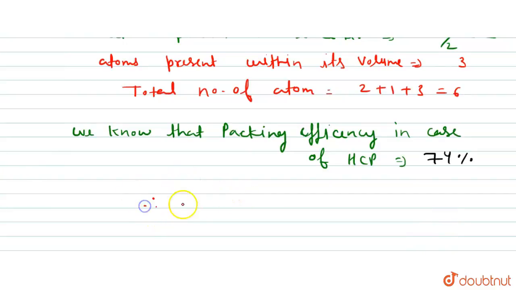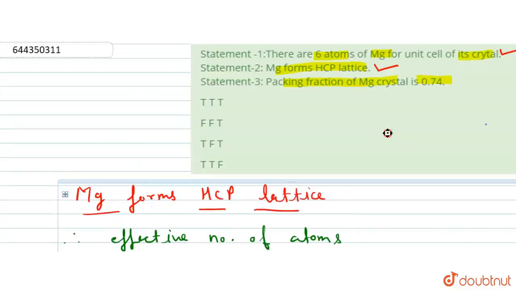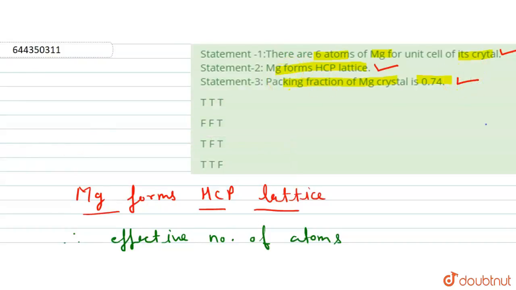Therefore, packing fraction comes to be 74 divided by 100. It comes to be 0.74. Hence, as we see, the third statement is also correct. Hence, all statements are correct. Hence, our first option is the correct answer for this question.